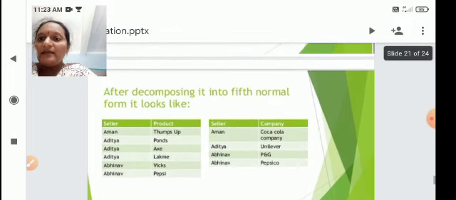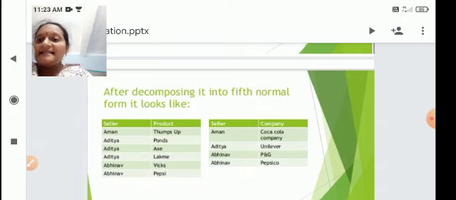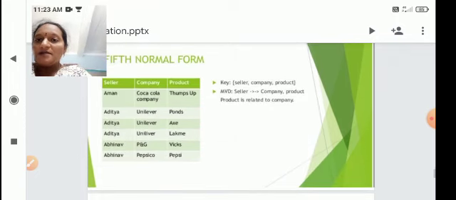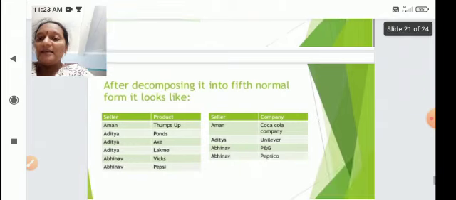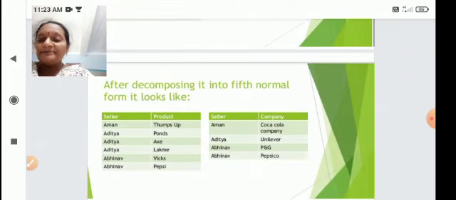So when we decompose the table into multiple tables, we take seller, product as one table and seller, company as another table. Seller depends on company and seller depends on product.